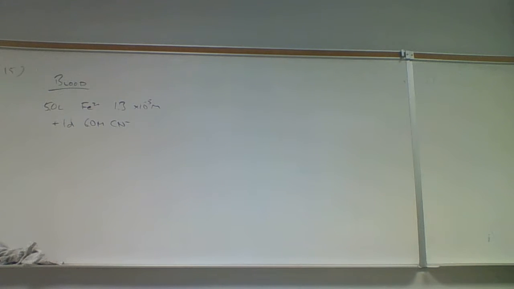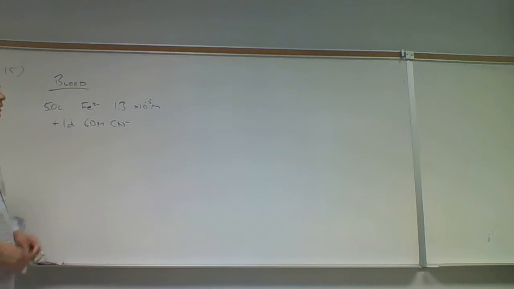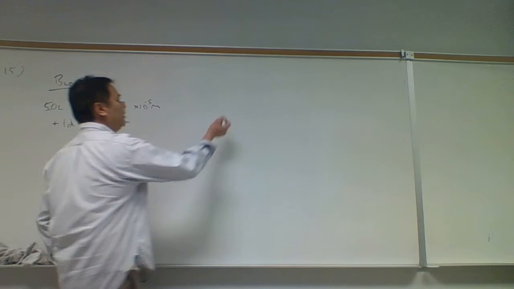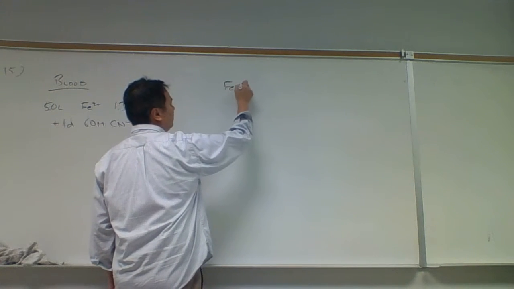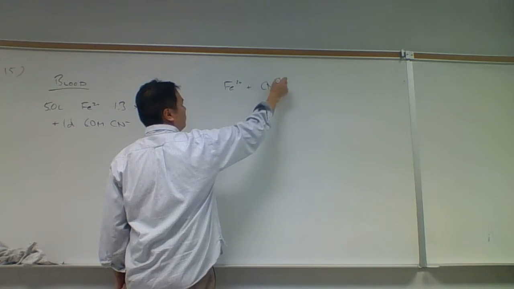And then the question is asking how much of the iron... What percent of the iron is complexed, or what percent remains? All right, so we see this, you need some additional information. Iron 2 plus cyanide, well, what does it form?